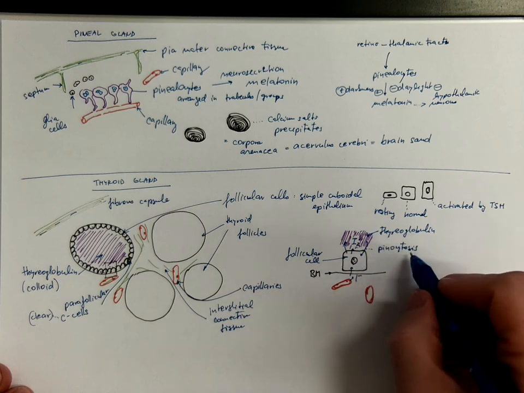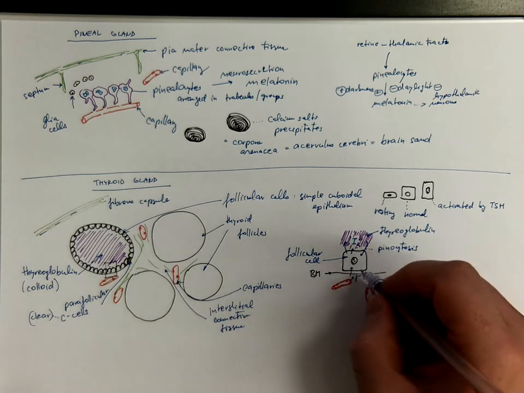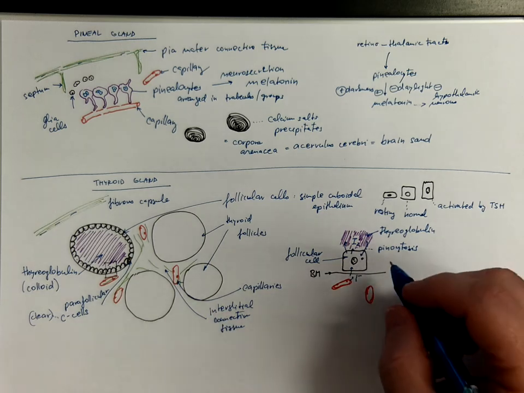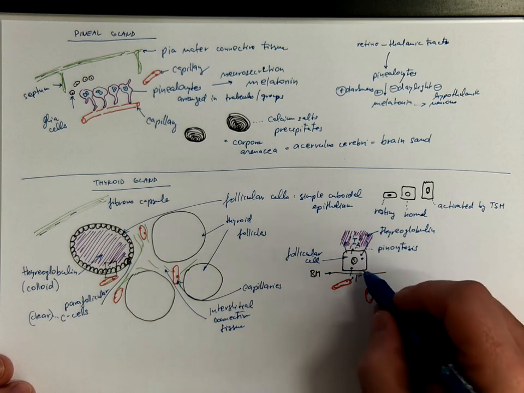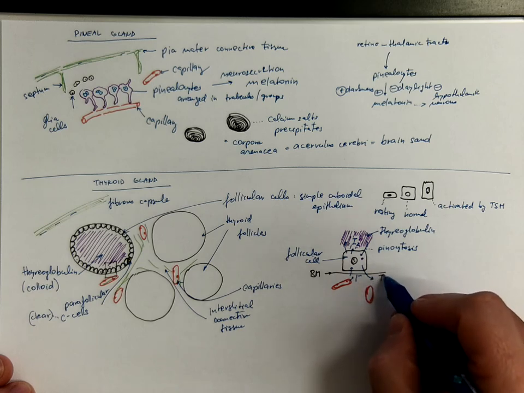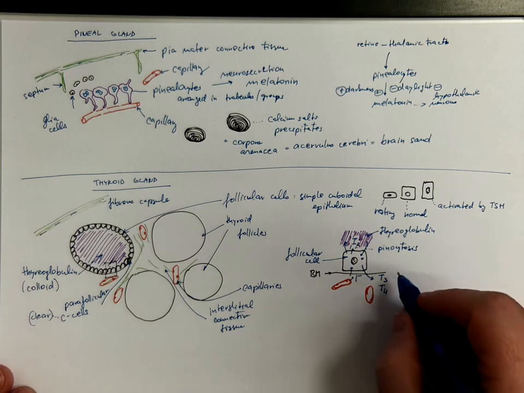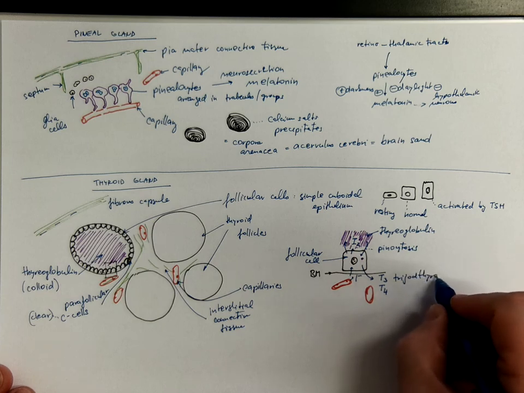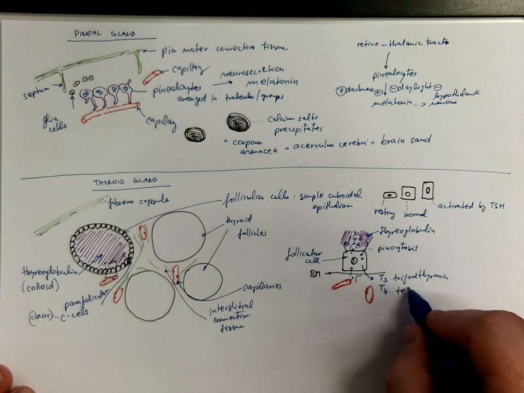You might call it cell drinking, and this thyroglobulin is decomposed into the hormones of the thyroid gland, which are known as triiodothyronine or tetraiodothyronine, T3 or T4.